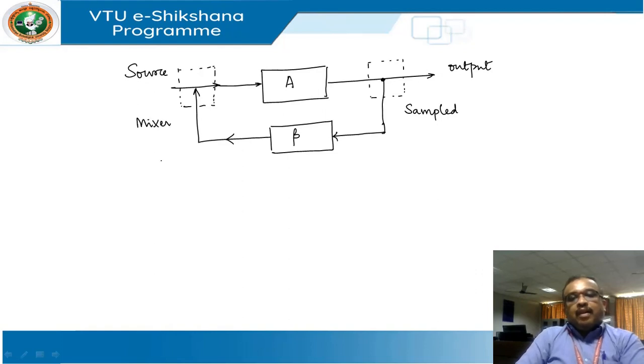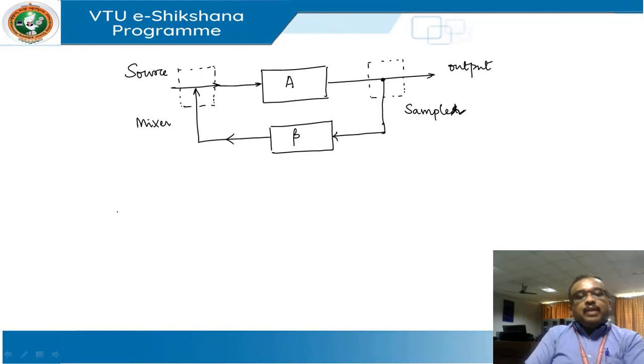So we have arrived at two different terminologies: one is called a sampler, the other one is called a mixer. What a sampler will do is take a part of the output and feed it back to the input side through the feedback network, and the mixer will mix it. In what way it is going to mix, or in what way the sampling is done, depends on what quantity we are interested in.